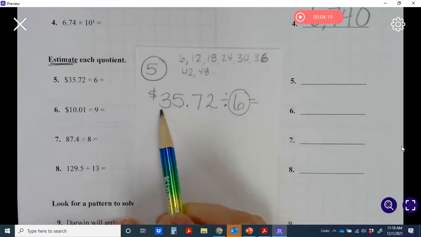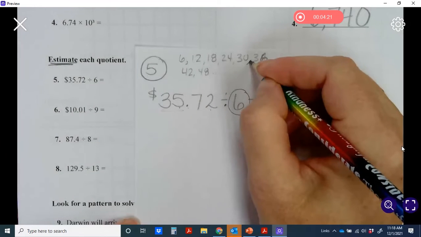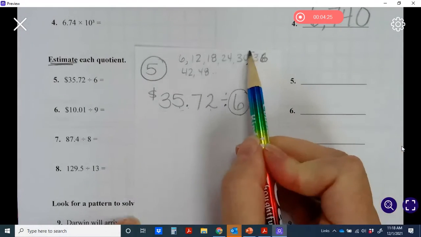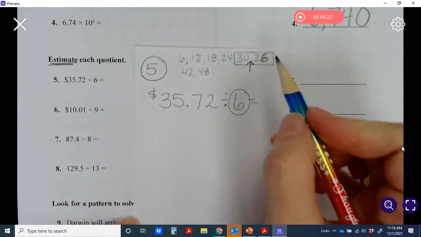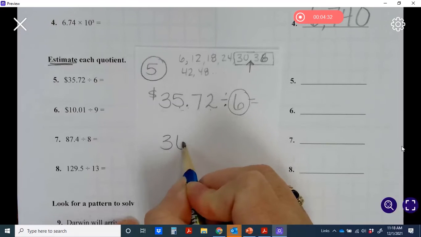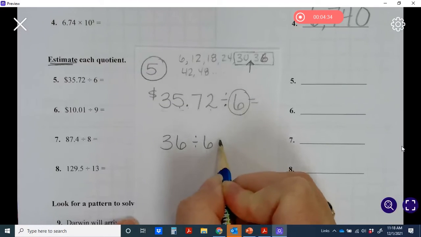Now this number is 35, which would be right about here, okay? So as you can see, that's between 30 and 36, and it's closer to 36. So I could do 36 divided by 6, okay?